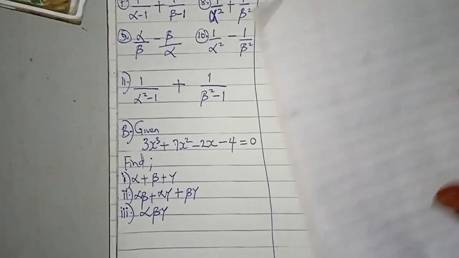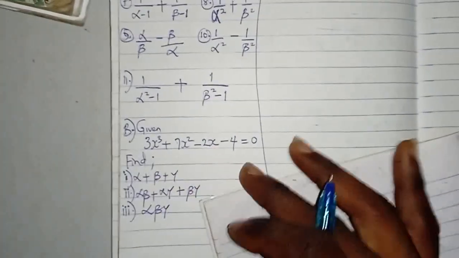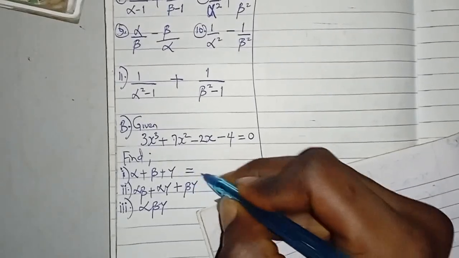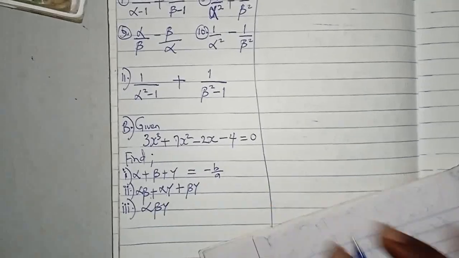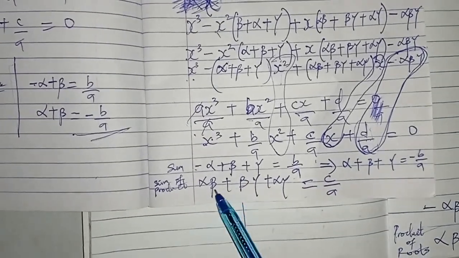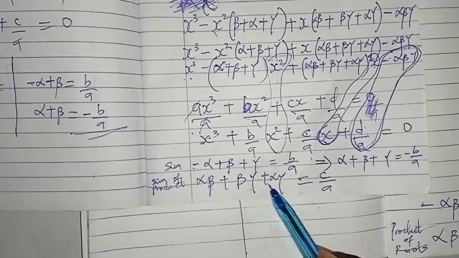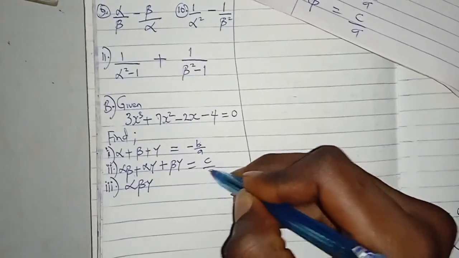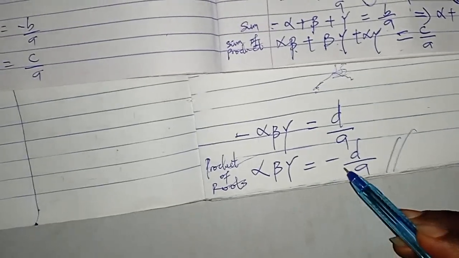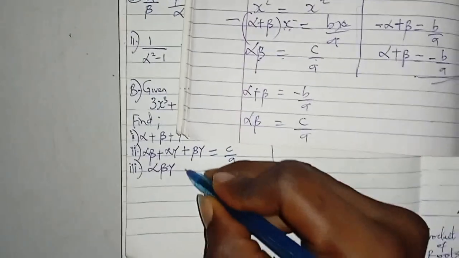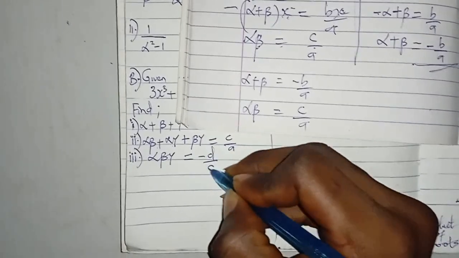In order to find that, we now know that alpha plus beta plus gamma is equal to minus b over a, and alpha beta plus beta gamma plus alpha gamma is equal to c over a, and then alpha beta gamma is equal to minus d over a.